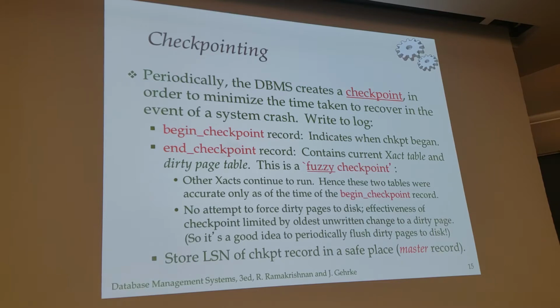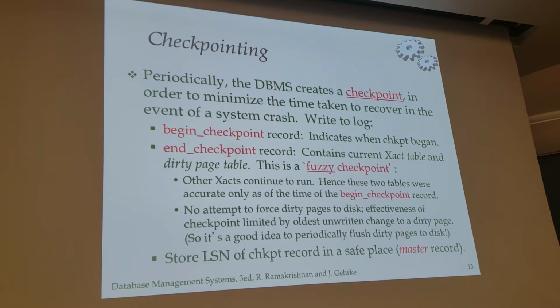But stopping work while you take a checkpoint, again, is not a friendly act, and we want our databases to be friendly. So this is called a fuzzy checkpoint because you're gathering information that may not be entirely right, but you can use it to recover the state of the database, even though the checkpoint itself may not be 100% right. Again, playing these games with idempotence and so on.